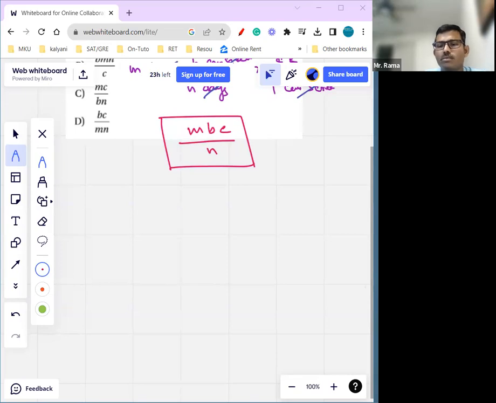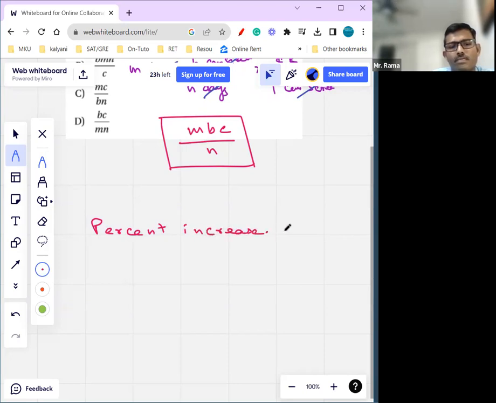Okay, so what I'm gonna do, anytime percent increase, I'm gonna write this. When it's percent increase, times it with 1 plus x over 100, whatever the percent.